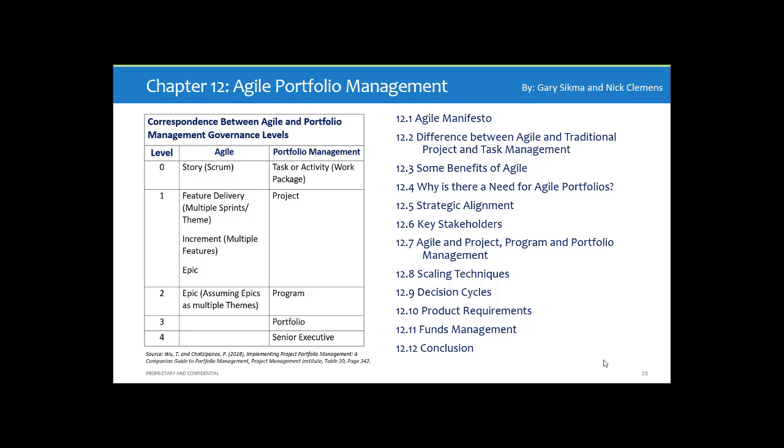At level 1, in the Agile world, you could have feature delivery, multiple sprints, themes, incremental, modular, epics, iterations. And on the right, in the portfolio management world, you have project. Level 2, epic. Assume these are epics across multiple themes. You could have program. Then you truly have portfolio.